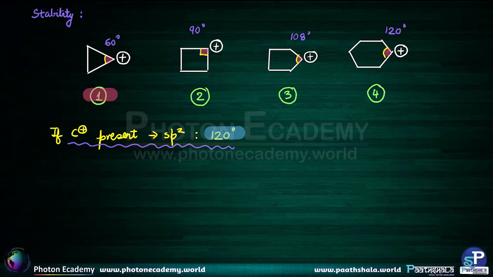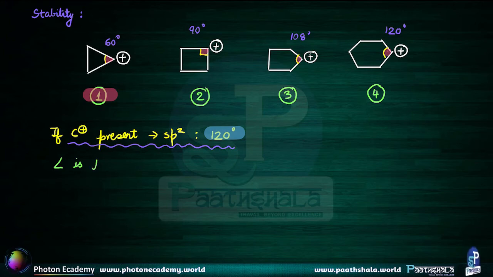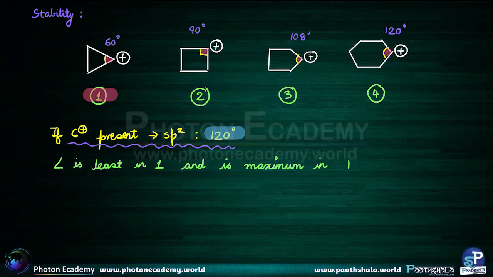The angle is least in one, that is 60 degrees, and maximum in the fourth, and lucky for us, the fourth angle is 120 degrees.